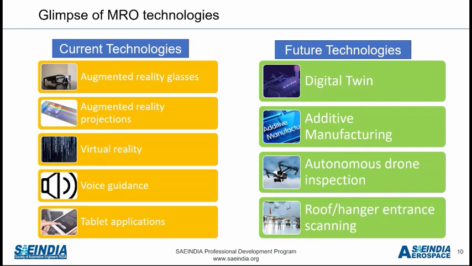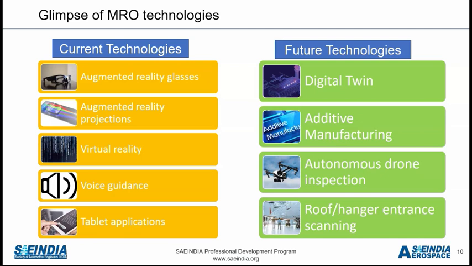Now, till now we understand how MRO is going to help a design engineer, and what the benefits of MRO are to organizations, companies, as well as design engineers. Now I just wanted to give you a glimpse of current and future technologies which are utilized by MRO facilities.